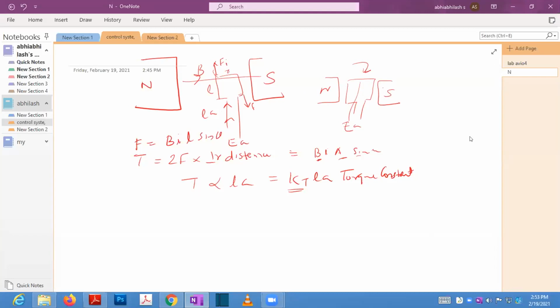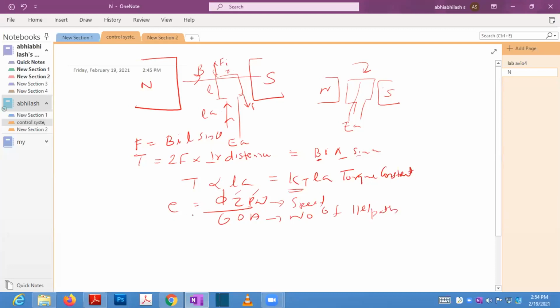Whenever a conductor cuts a magnetic field, an EMF is induced in that conductor. For a DC machine, that EMF is equal to phi Z P N by 60A, where phi is the flux, Z is the number of conductors, P is the number of poles, N is the speed, and A is the number of parallel paths.